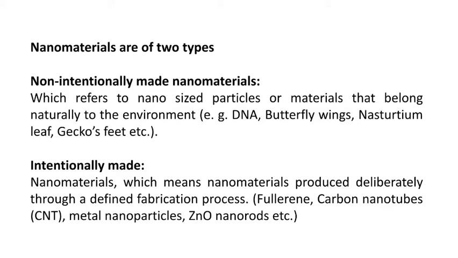We have pre-decided to make a nanomaterial for some purpose. Examples are fullerene, carbon nanotubes, the short form for carbon nanotube is CNT, metal nanoparticles, and ZnO nanorods. These are some of the very popular nanomaterials which come under the category of intentionally made nanomaterials.